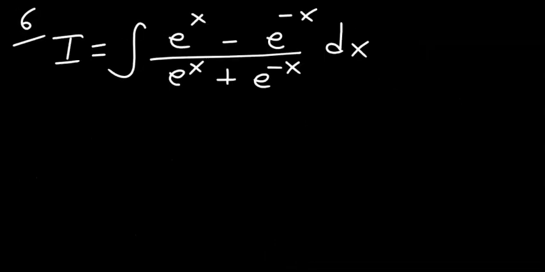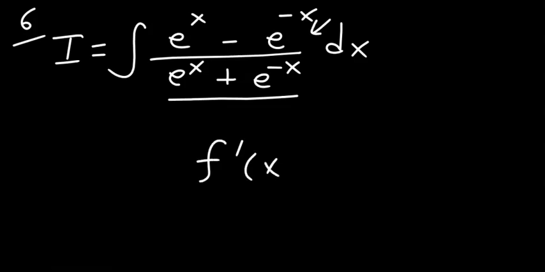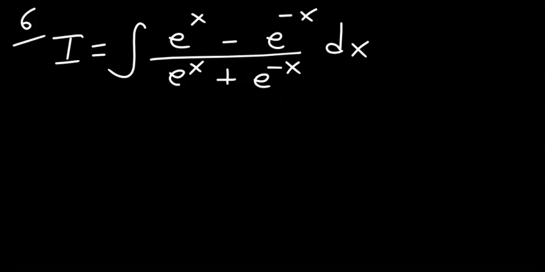What about this one? Well, the denominator is a function that if you differentiate that function with respect to x, you get the numerator. So the integrand is in the form of this. So let's substitute w to be e to the x plus e to the power minus x.